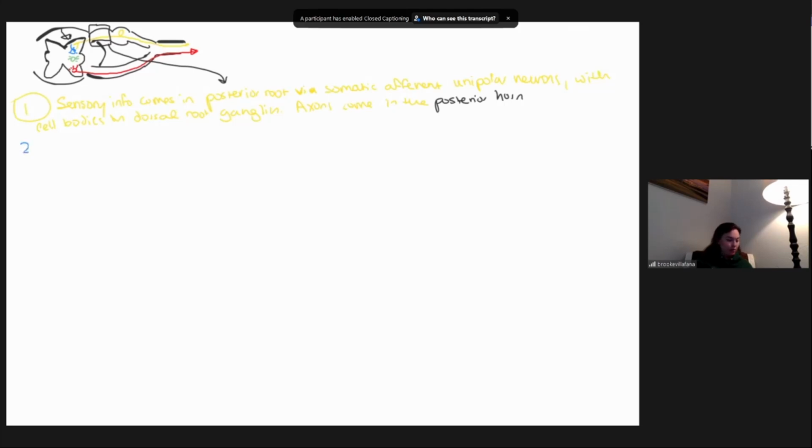Step number 2, the visceral afferent, right? Visceral sensory, visceral afferent axons. The visceral axon cell bodies are interneurons in the posterior horn.